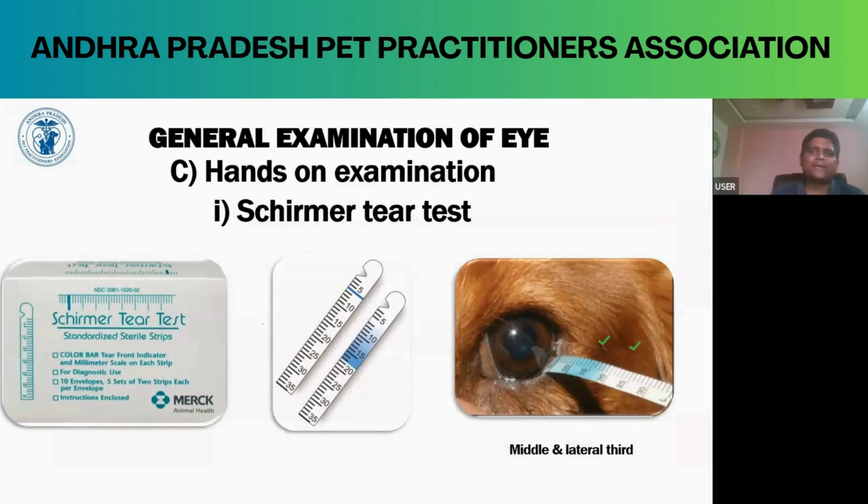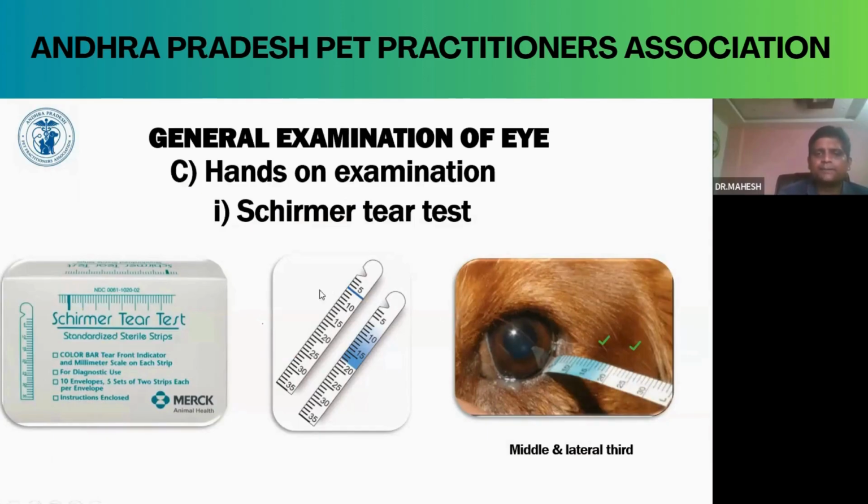The Schirmer tear test is where we measure the tear production. For measuring the tears, we need Schirmer tear test strips. This is the package, and 100 strips will be available.